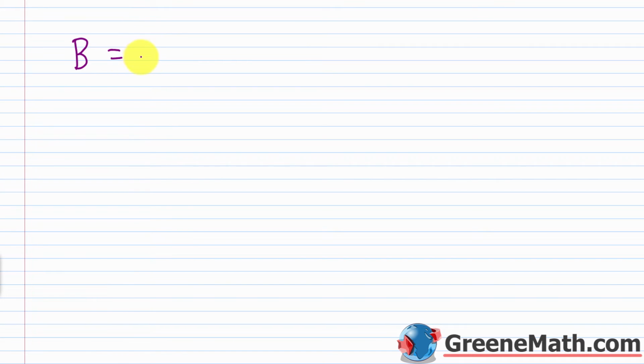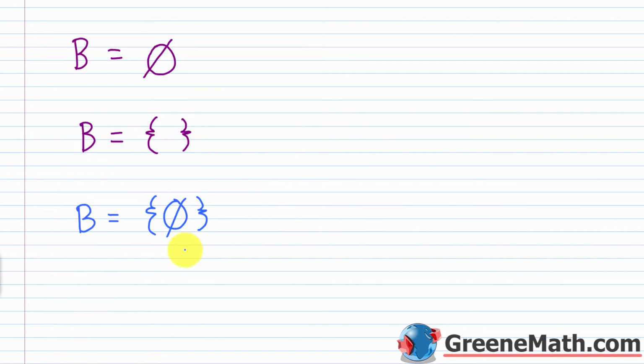So we can say that this set can be denoted by the symbol for the empty or null set. Or you could also say B is equal to this. But again, you cannot say that B is equal to, inside of set braces, placing this symbol in there. That again is wrong. Do not do that. No.